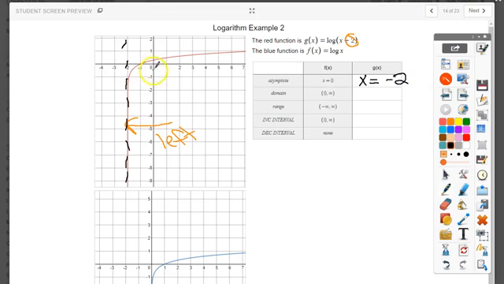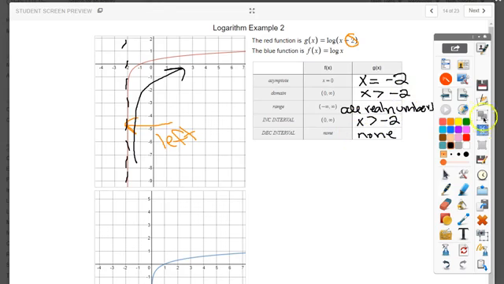That will also change the domain. The domain will be from the asymptote to positive infinity, so where x is greater than negative 2. The range will continue to be all real numbers. And if we trace it from left to right, it is increasing, so I'm just going to copy this domain, and it is not decreasing.